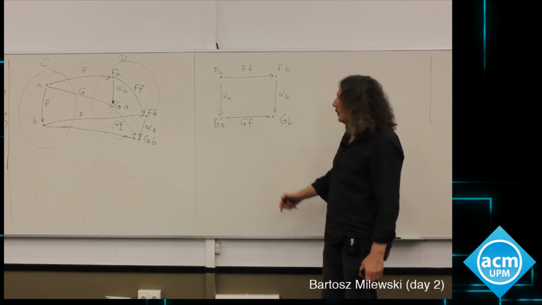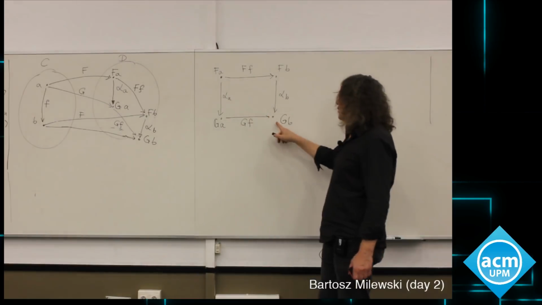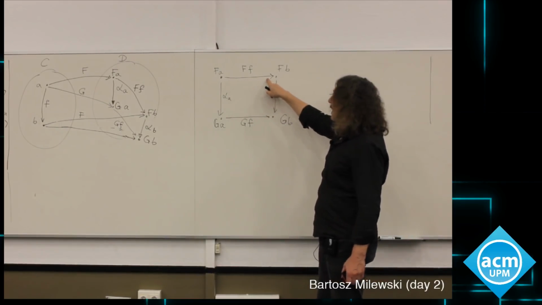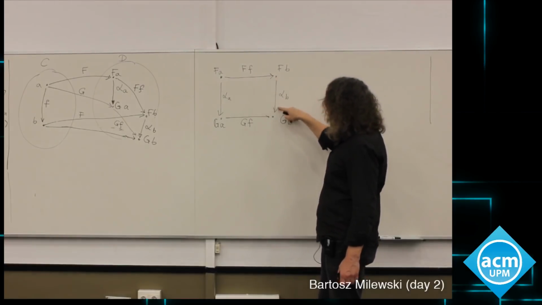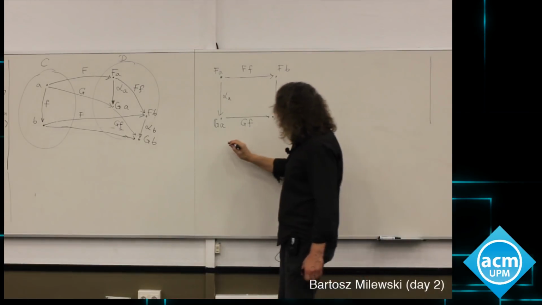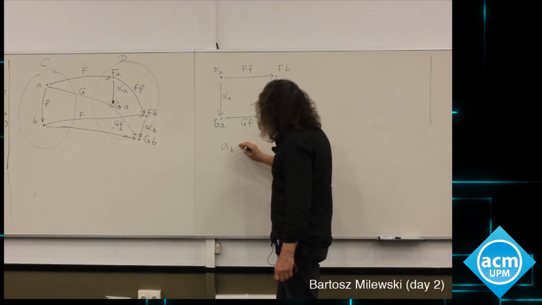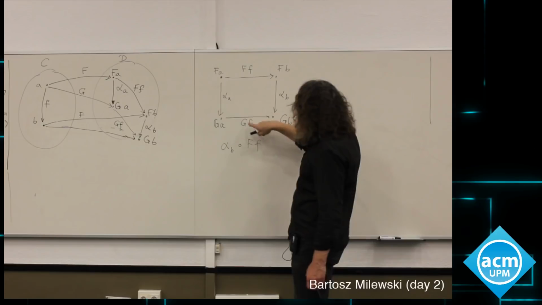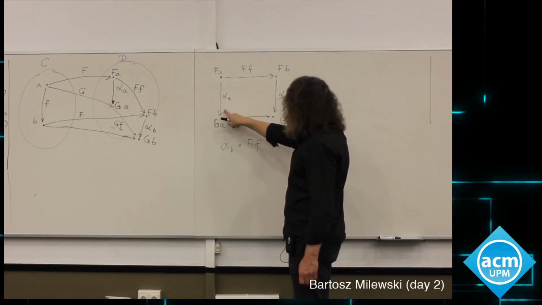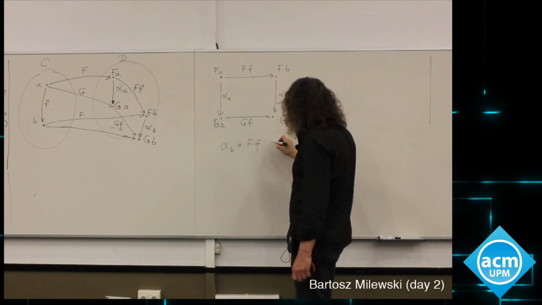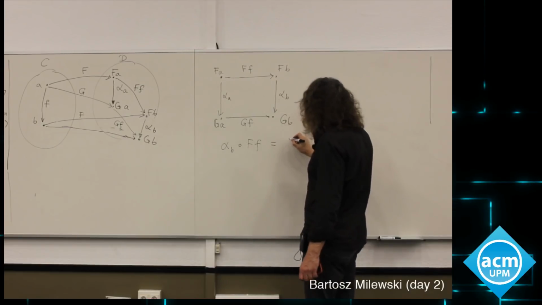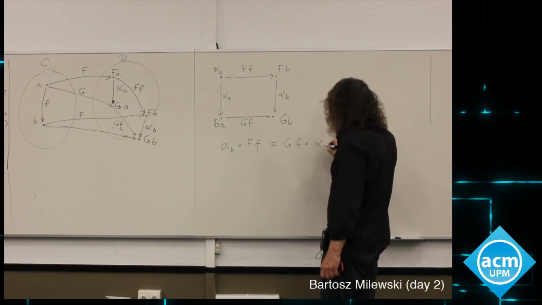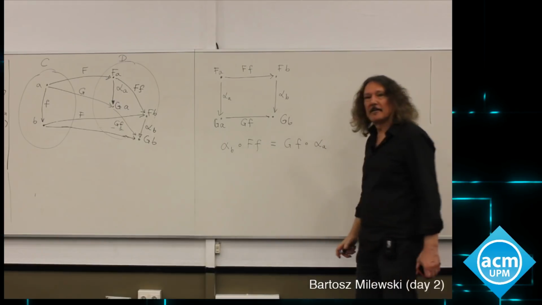Okay, so there are two ways of going from FA to GB, right? You can first go Ff and then follow it by alpha B, so alpha B after Ff. And there's another one. You can go first alpha A and then use the functor. And we want these two to be equal. So this is Gf after alpha A, right?